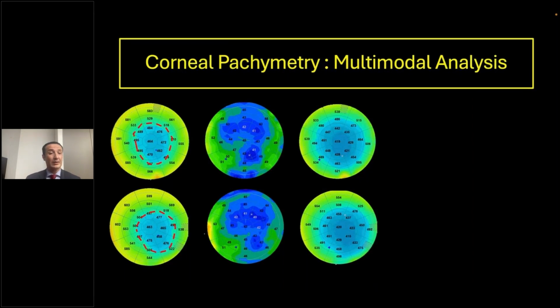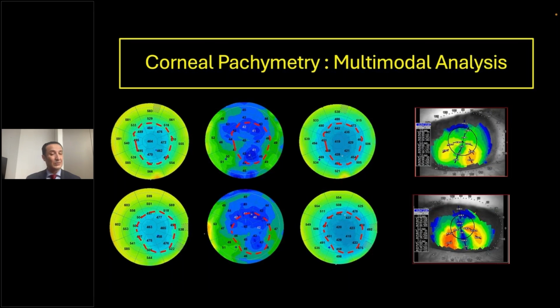And look here, now we can also have a multimodal analysis with these three mappings, and you make a very nice correlation of the pachymetry distribution between the whole mapping, like in this case of pellucid marginal degeneration.